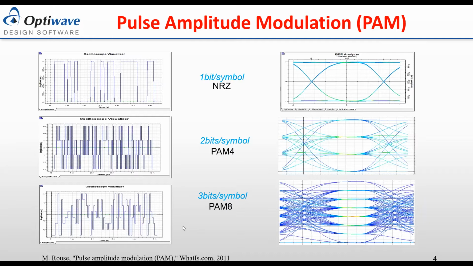The problem is that the signal to noise ratio starts getting very messy, and it may be difficult to differentiate a 0 from a 1, or a symbol 000 from 001 and the other combinations. So at present, PAM4 is what most people in industry are using, in addition to our standard NRZ signaling scheme.